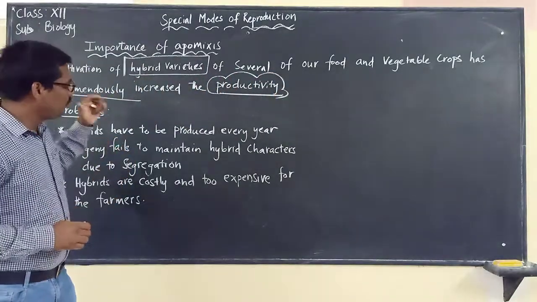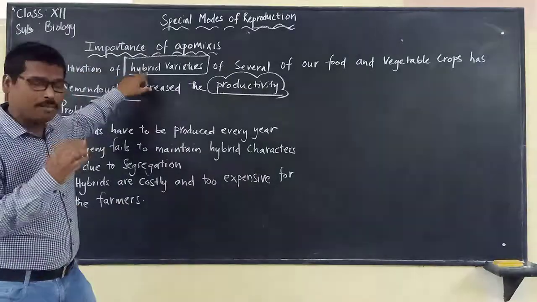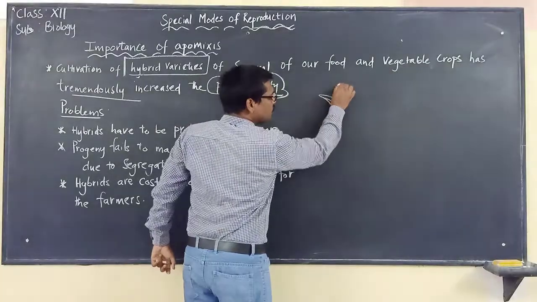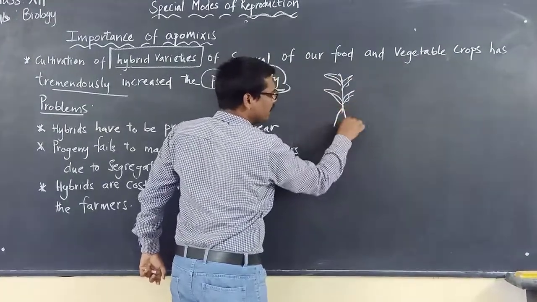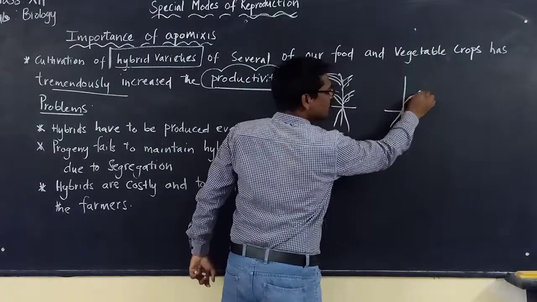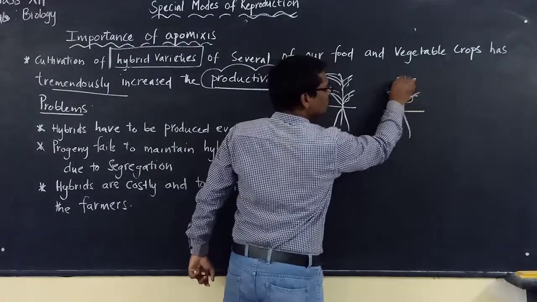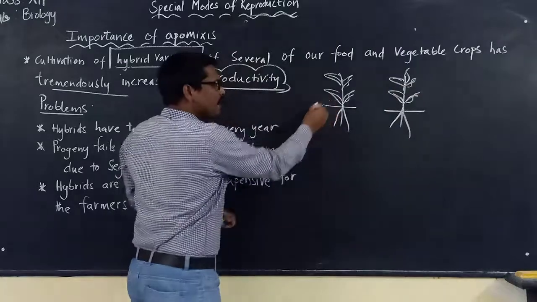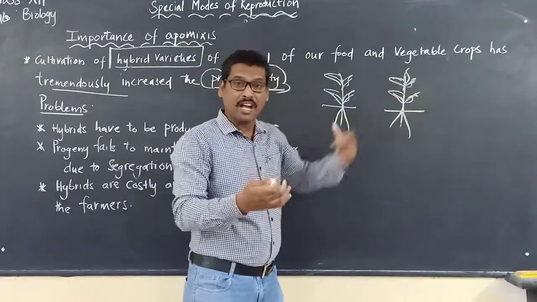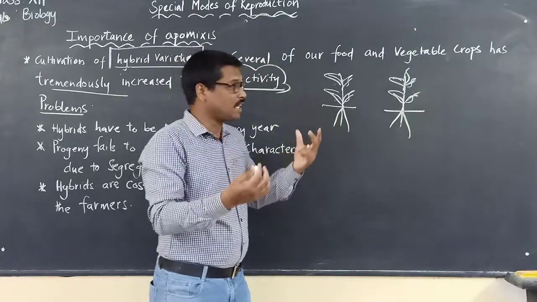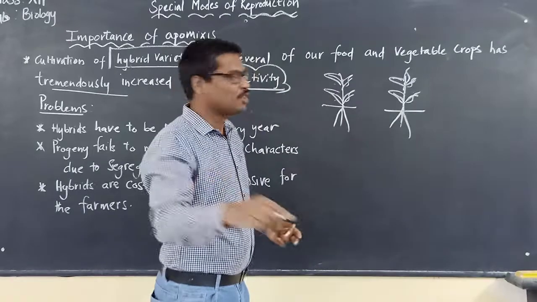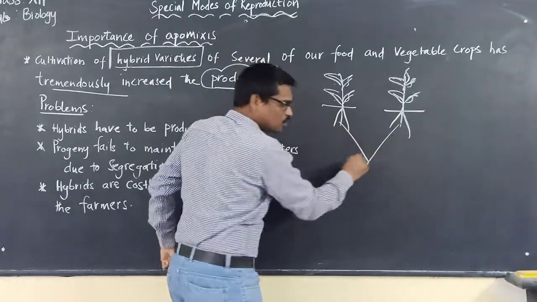Now if you are looking at the hybrid, let us say there are two plants, two crops, cultivated with different characteristics. This plant has different characteristics and this plant has different characteristics. But you want the characteristics of both plants to be present in one crop. So what will you do? You cross these two.